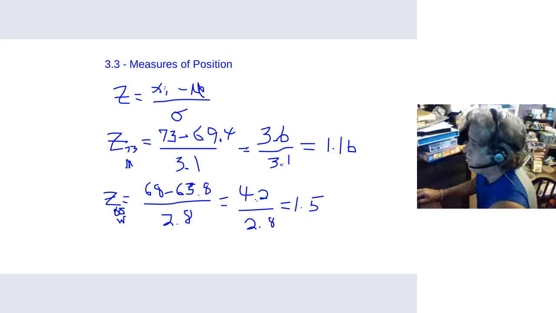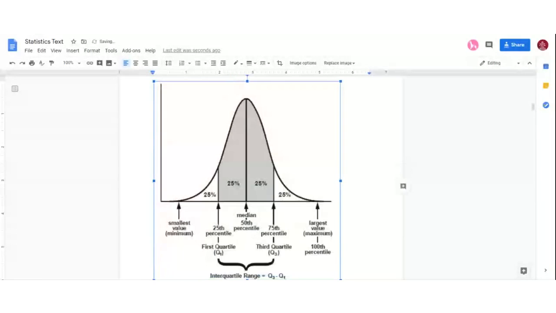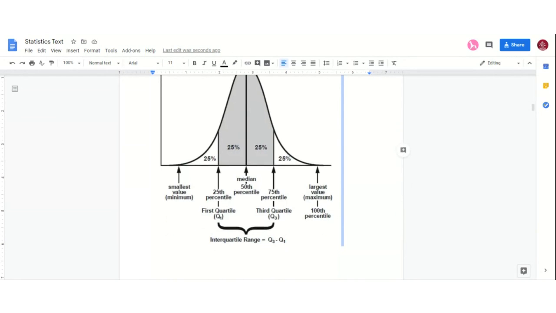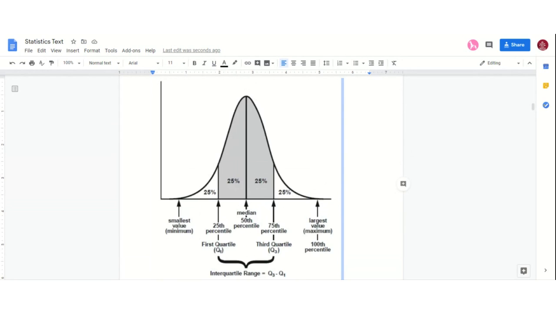Let me show you this little image in the notes here. I like visual things. This is how it works visually. You can see right smack in the middle, the mirror point, what they call the 50th percentile, which is also the second quartile, the same thing as the median.